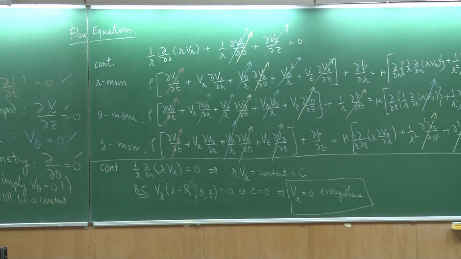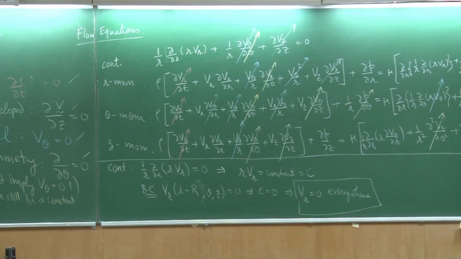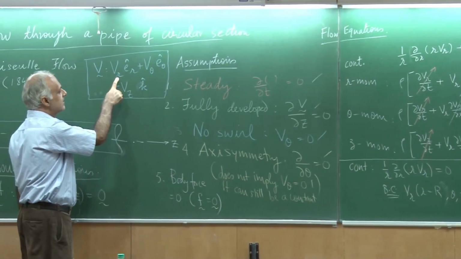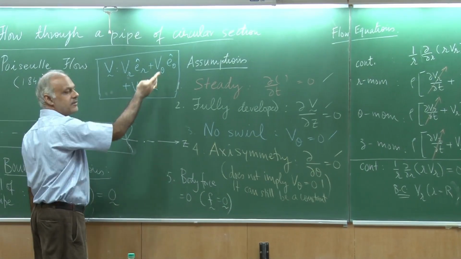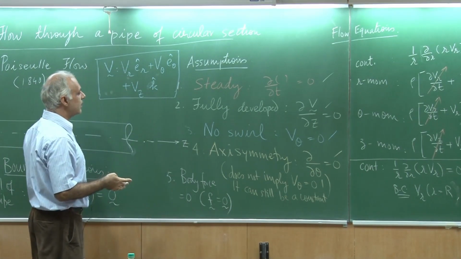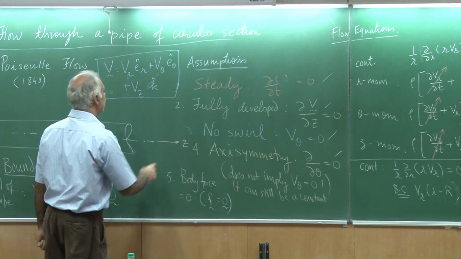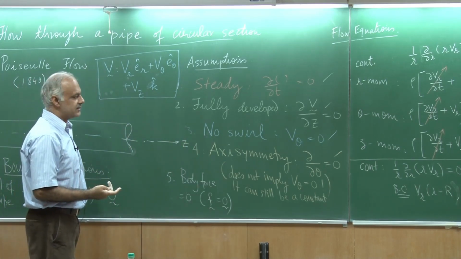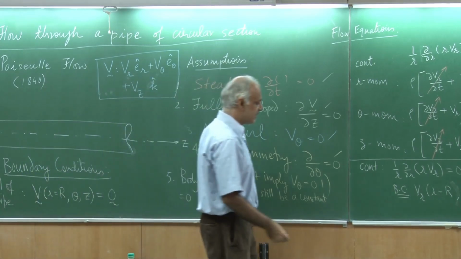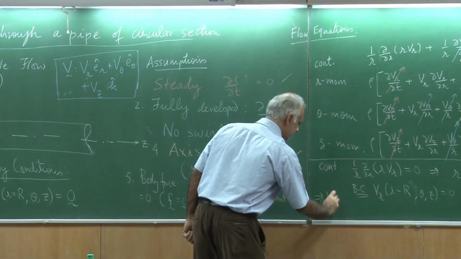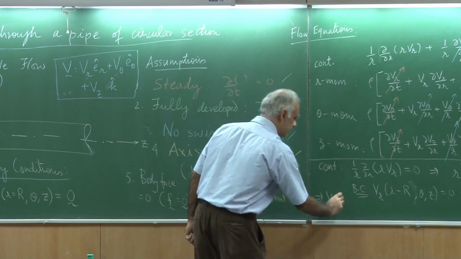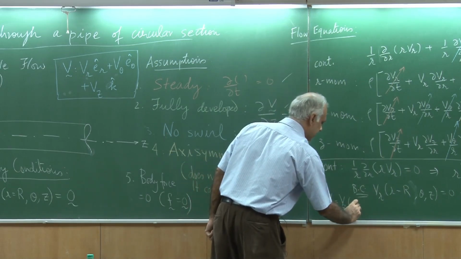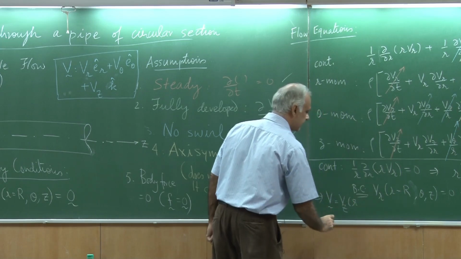So let us come back to the velocity vector. Okay. So we are now saying VR is 0 everywhere. V theta is anyway 0 because there is no swirl, that is our assumption, V theta is 0. So effectively I have only the z component of velocity. Okay. So I will write down here that this implies V is simply Vz as a function of r.